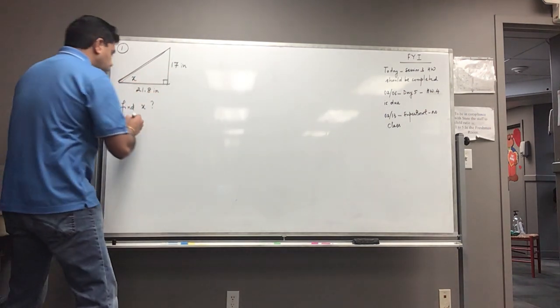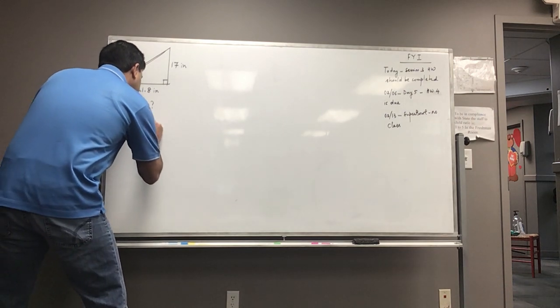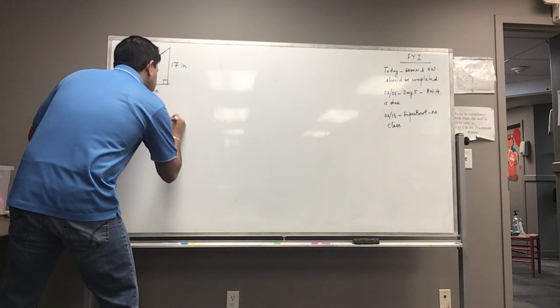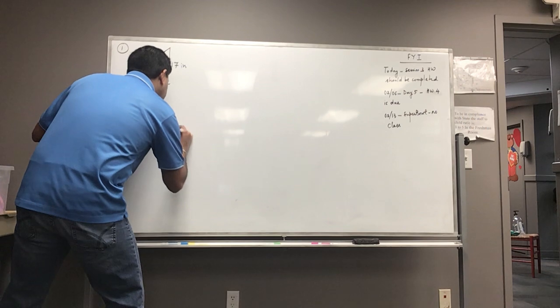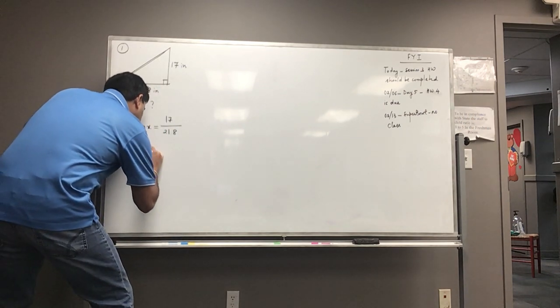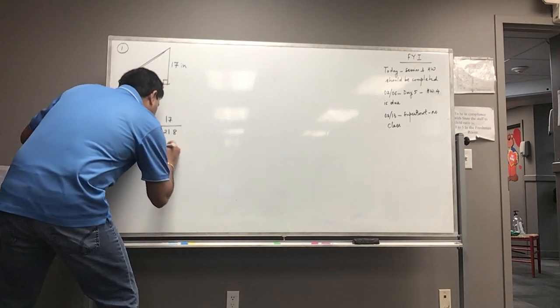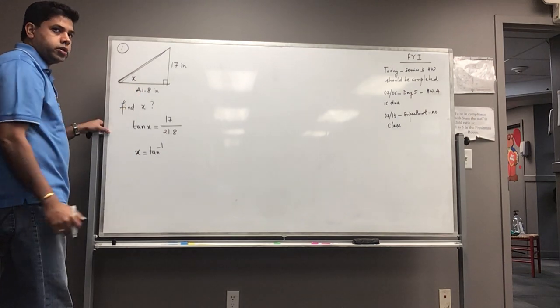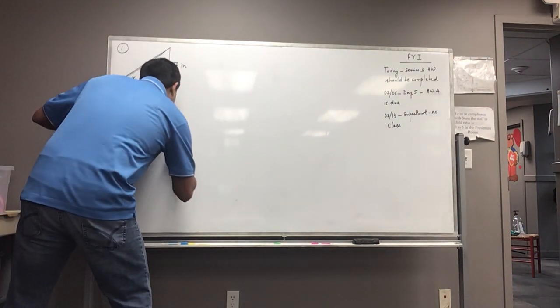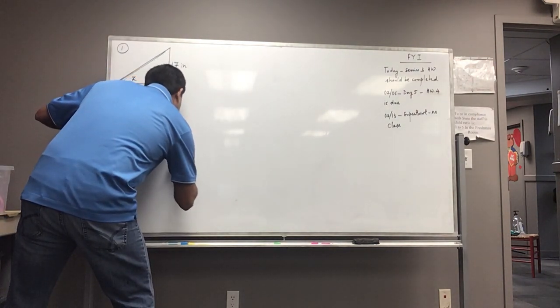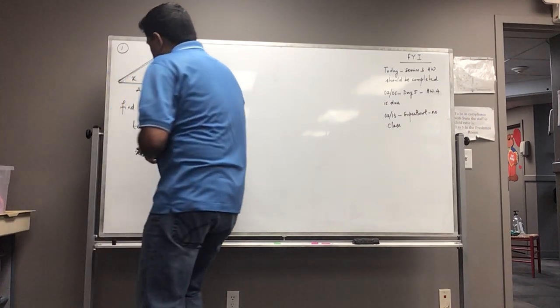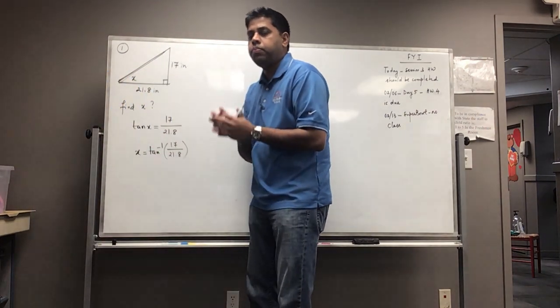Opposite, adjacent: tan x is equal to 17 divided by 21.8. x is equal to tan inverse, called trigonometric inverse, of 17 divided by 21.8.